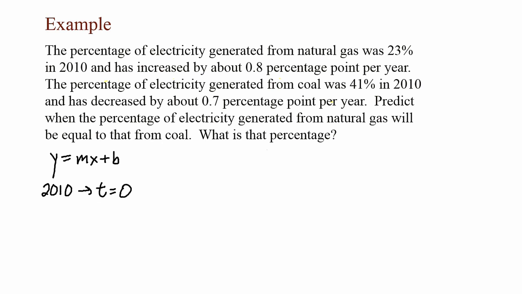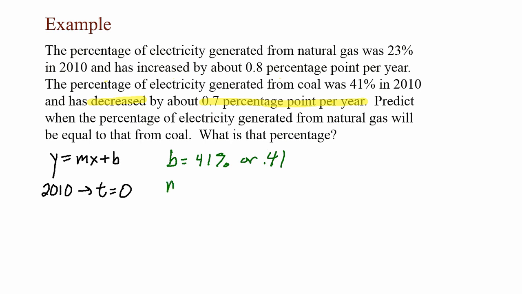Next, we want to find our equation for coal. Given that in 2010 it was 41%, our B is 41%, or 0.41. Then it decreased by about 0.7 percentage point per year.